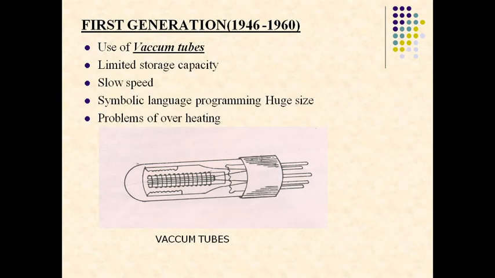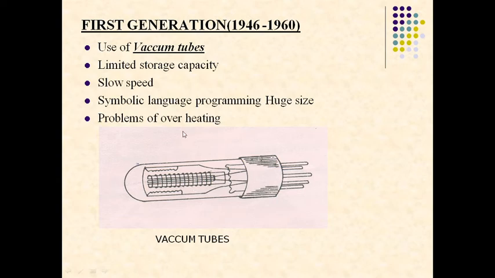The first generation of computers is between the years 1946 and 1960. Between 1946 and 1960 they used vacuum tubes as the computer system, as shown in the picture on the slide.